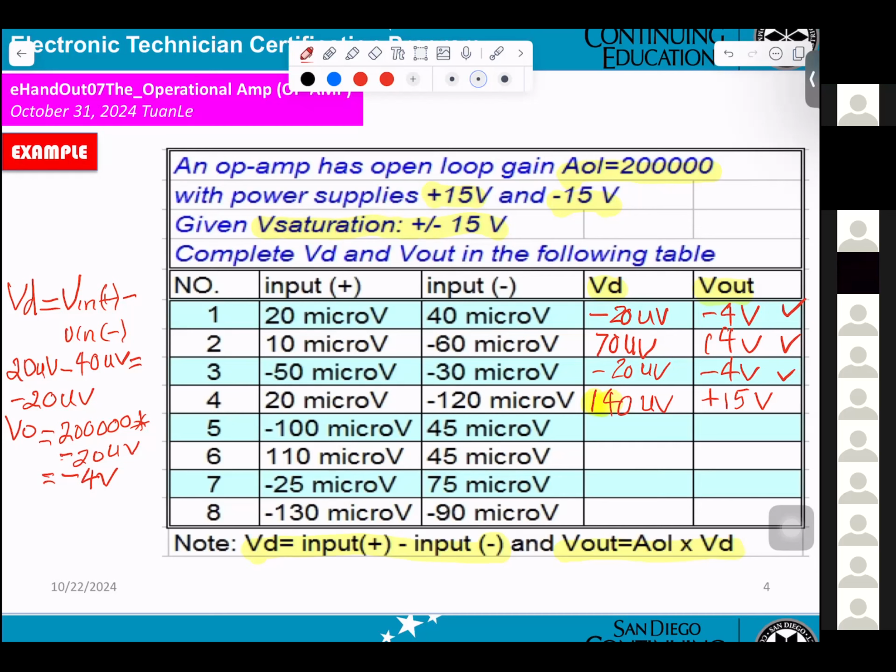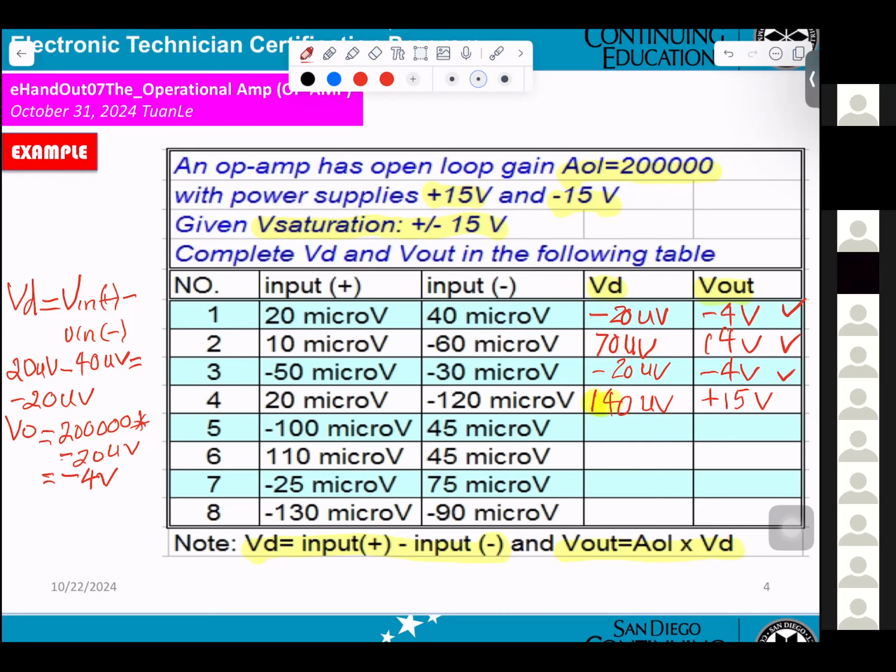100 minus 18 to the 6. Okay, for number 5, let me see. 1, 2, 3, 4, 5.